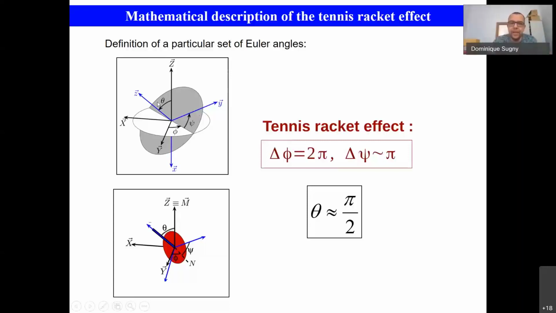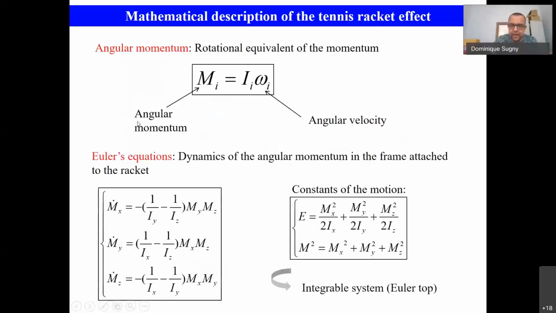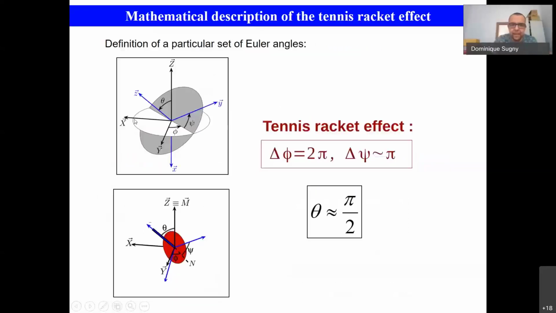So it means in this picture that the handle is in the equatorial plane, in the capital X, capital Y plane, okay? And then we induce a full rotation of the handle, so it just means that the small z axis makes a full 2 pi rotation in this plane.